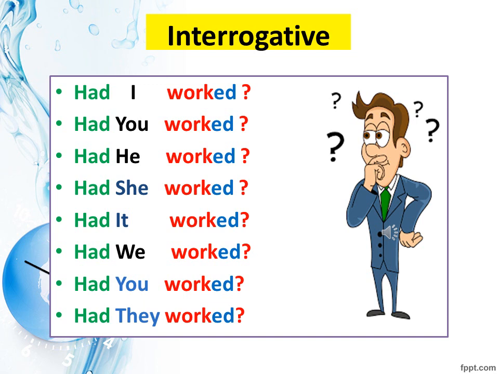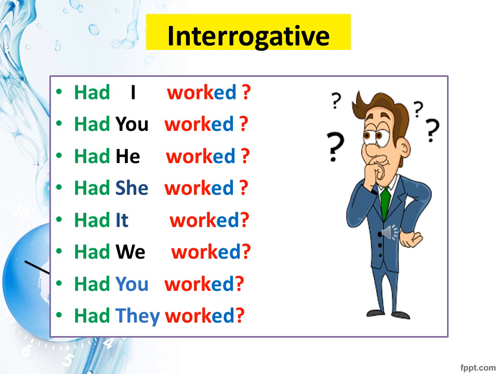Okay, and now let's see the interrogative case. So had I worked, had you worked, had he worked, had she worked, had it worked, had we worked, had you worked, had they worked.